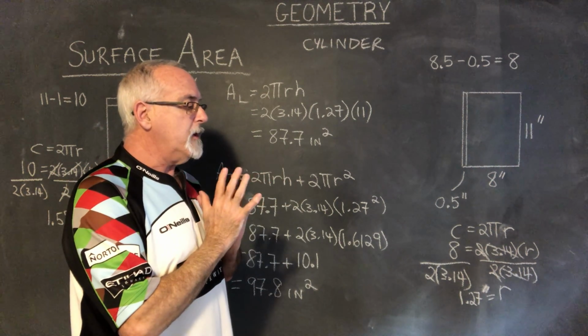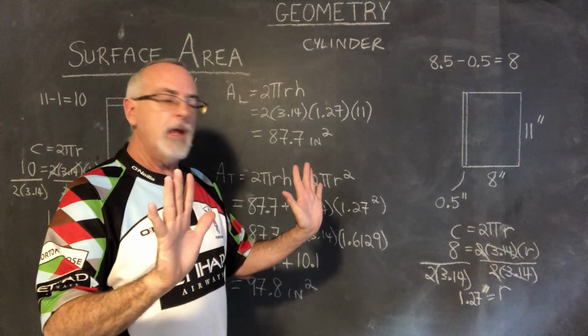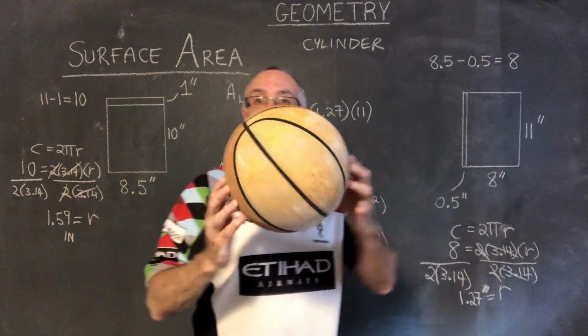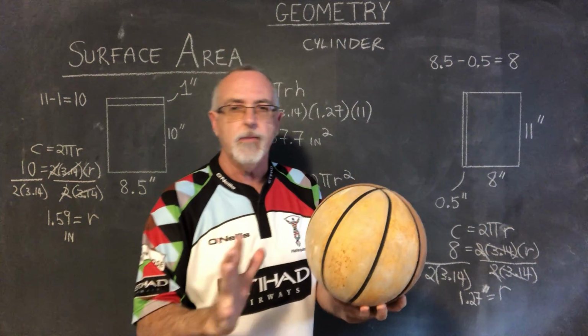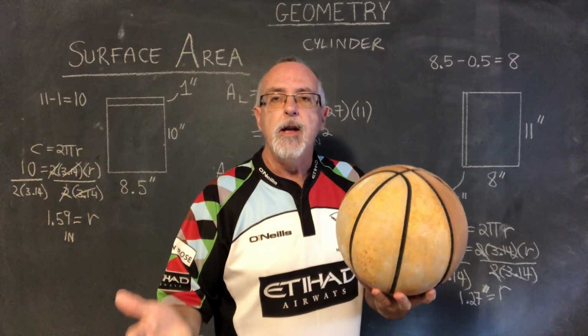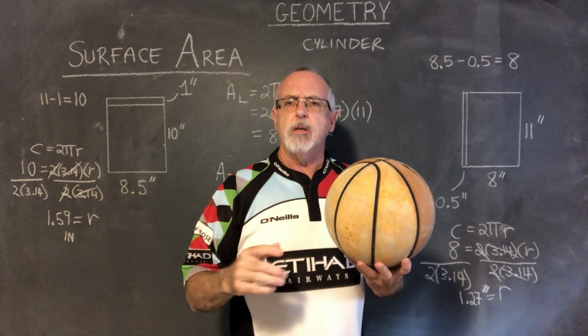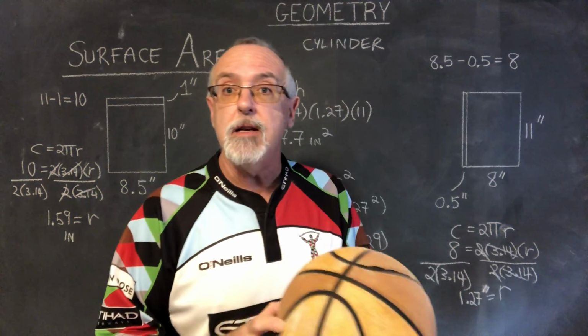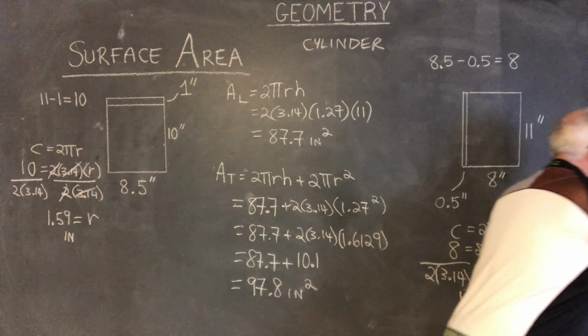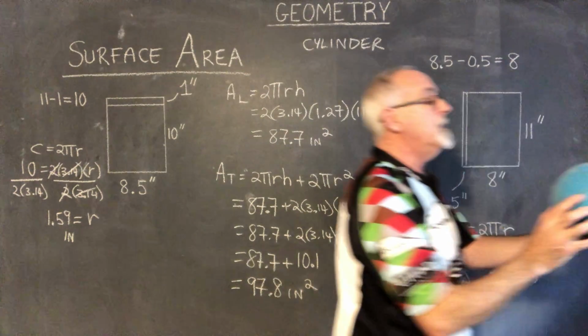So this time I'm going to do 2 spheres, only 2, and I'm going to use a basketball, which is one of the standard sizes for a basketball. I went and did a search to see what are the sizes of basketballs and how big are the radiuses? I needed the radius so that I could do the sphere formula. And the other one is going to be a soccer ball.